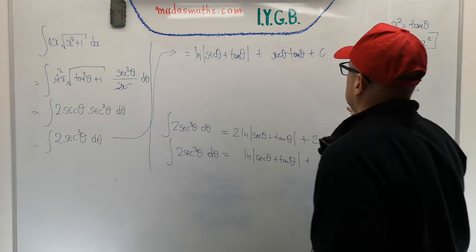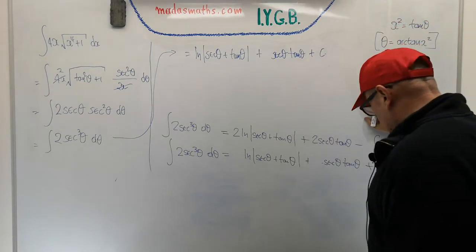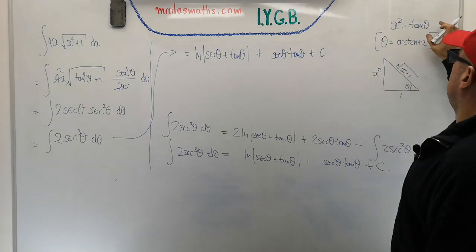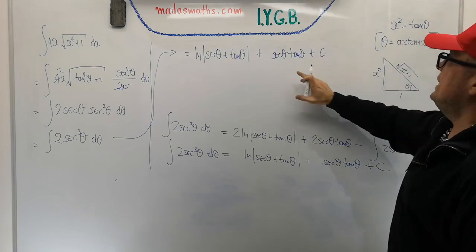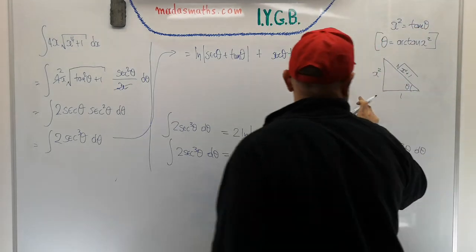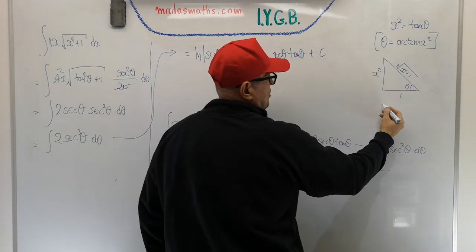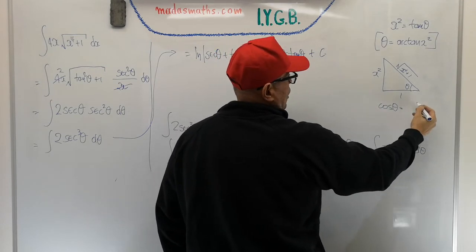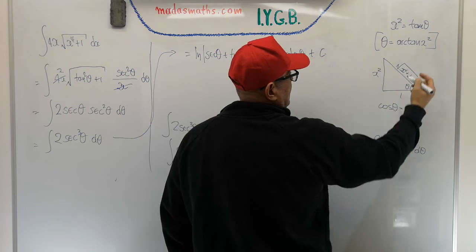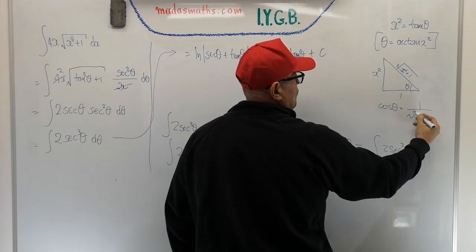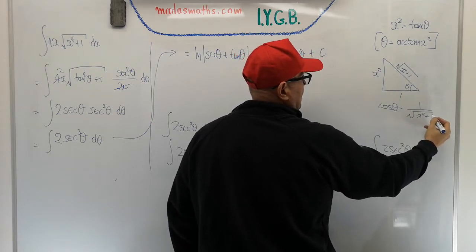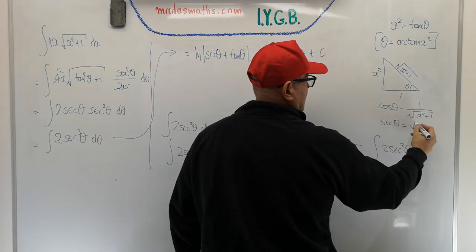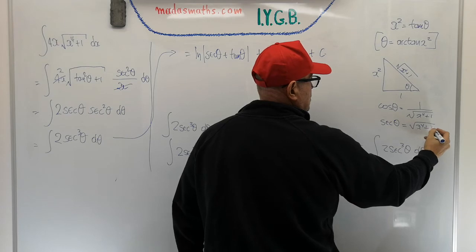And now we need to go back into x, and I'm going to use this little grid here. Of course, tan theta is just x squared. I need to get sec from this little triangle, and if you look at this triangle, cos theta is going to be 1 over the square root of x squared plus 1. So therefore sec theta will be just the square root of x to the 4 plus 1.